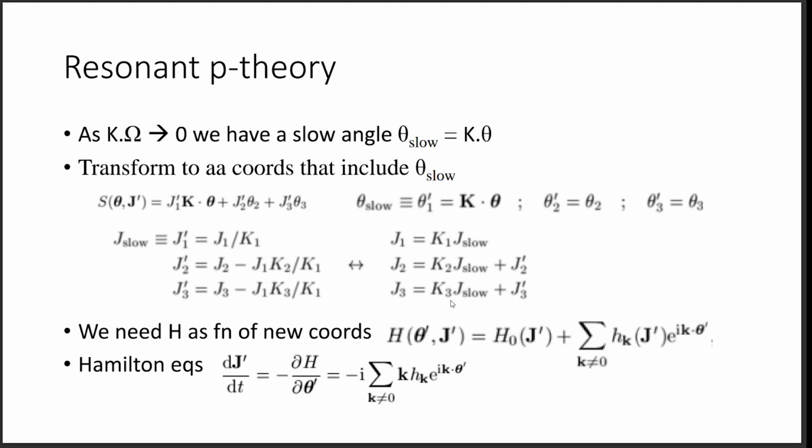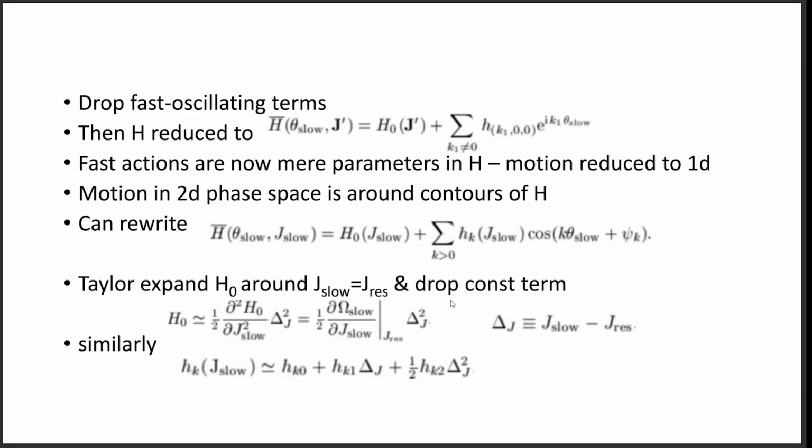So these things are constant, and the old actions are going to be varying because they involve J1, and J1 is pretty much the slow action, right? So a couple of the actions are going to be varying, but in a way that we understand, so as to hold this thing constant. And meanwhile, J slow is going to have a non-trivial equation of motion, which is governed by this Hamiltonian.